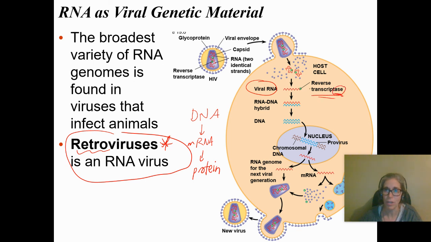ACE, that's an enzyme. Transcription is DNA to RNA. RNA to protein is translation, which we'll talk about soon. Okay, so transcription is DNA to RNA, so reverse transcription must be RNA to DNA.